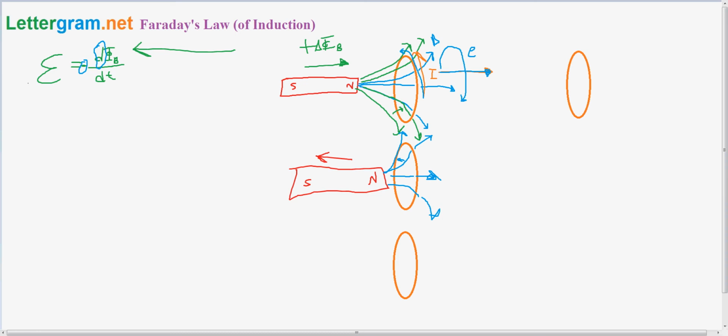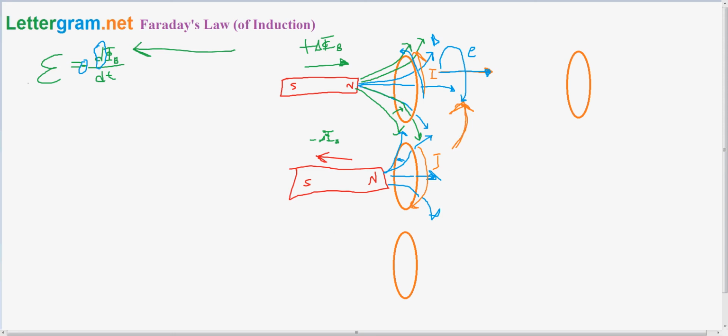That being said, we will get a negative change in flux, which will give us current in the opposite direction of the previous example. Again, because of this reasoning right here.